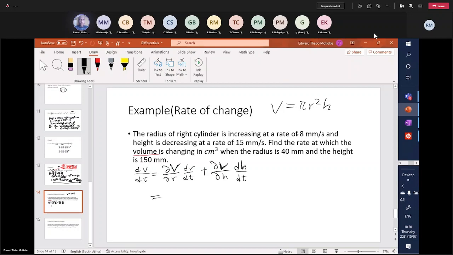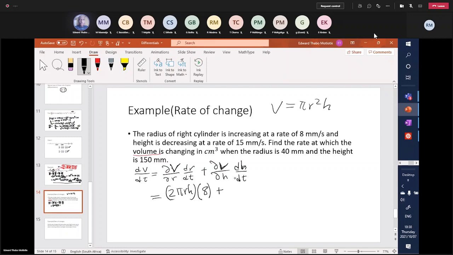Now let's do that. When you differentiate with respect to r, the answer is 2 pi r h, and then dr/dt. What is the change in r? They say the radius is increasing by 8. So this will be 8 here.